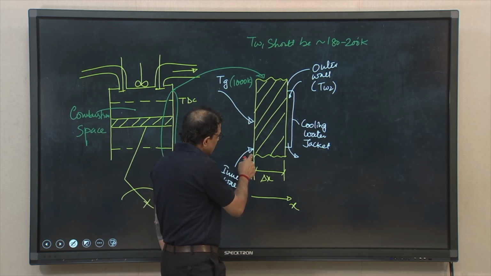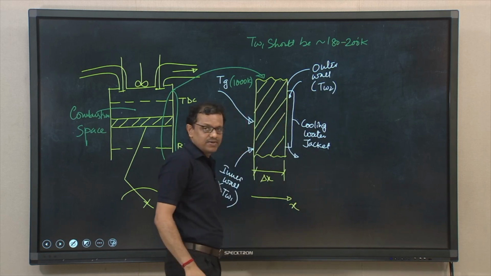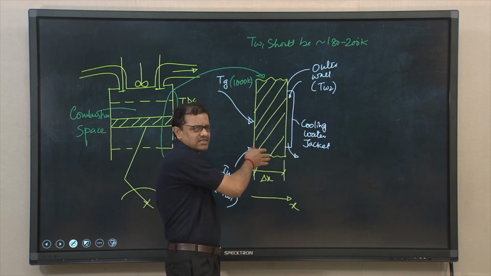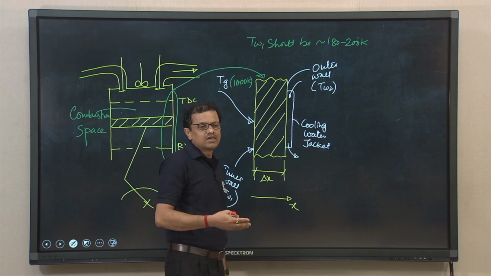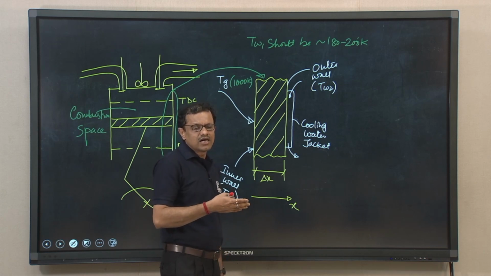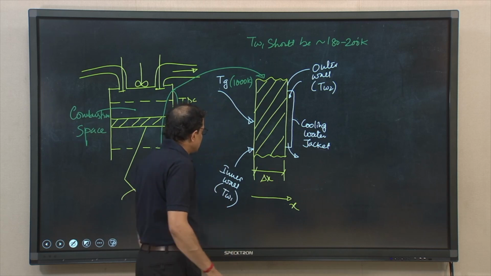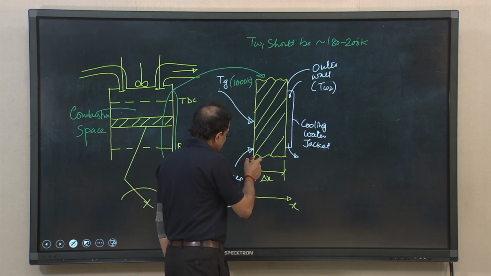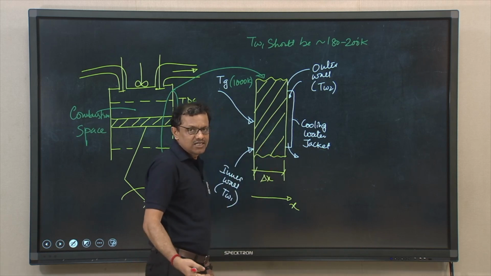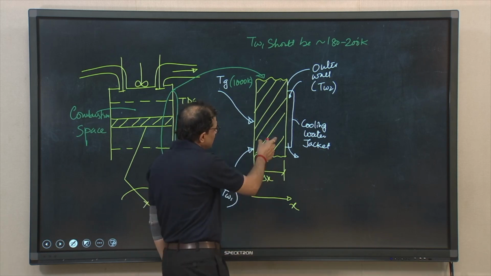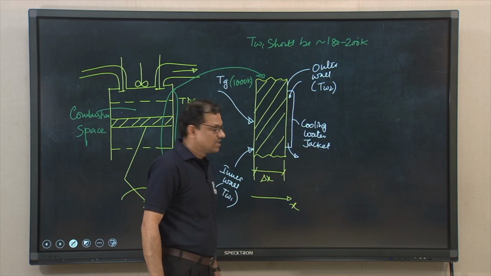Now, certainly we need to maintain this much temperature at the inner wall of the cylinder, essentially to keep the cylinder material or other different parts from overheating. Then from the inner wall of the cylinder to the outer wall, heat conduction will be there, for any material that we have discussed in one of the previous classes.